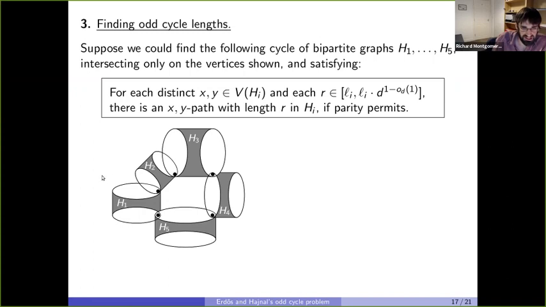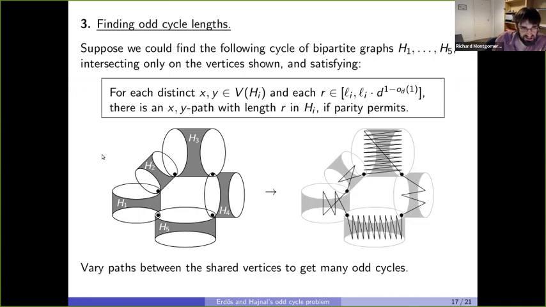So I can use this property and take these shared vertices, vary the length of a path between the two shared vertices in H1, and then between two vertices in H2, H3, H4, and H5, and so on. And I get an odd cycle because of how I've chosen these vertices and these constructed ones. Just as an example, they're not always on different sides of the bipartition, but if you count round the parities, you'll get an odd cycle.